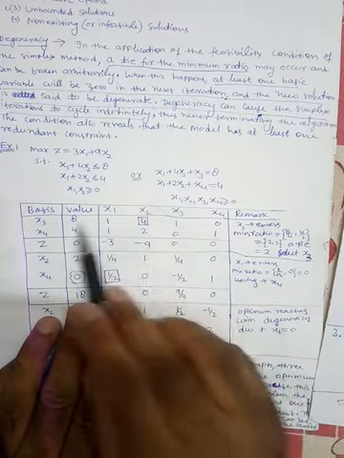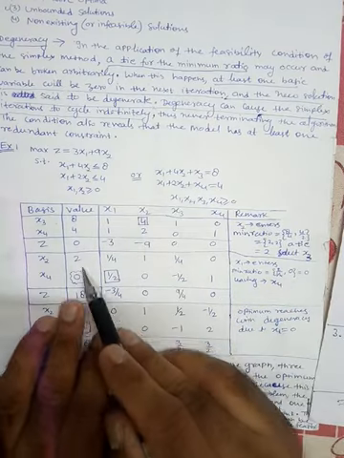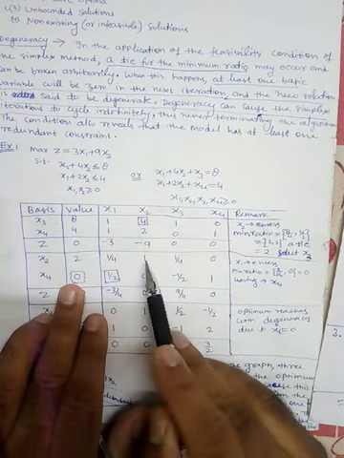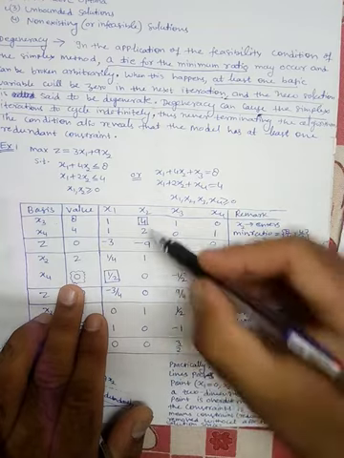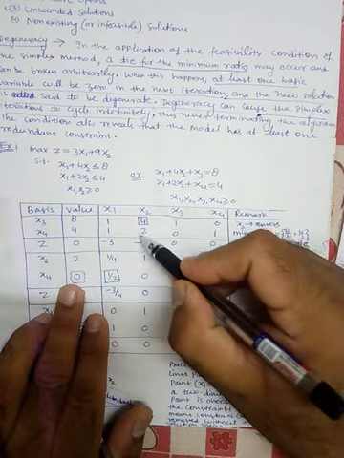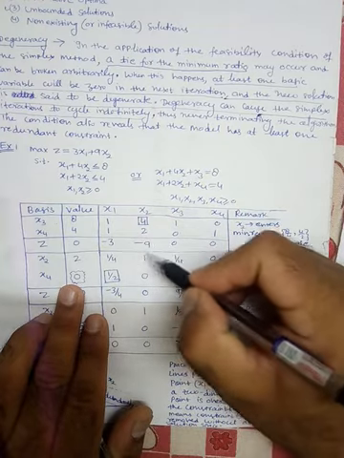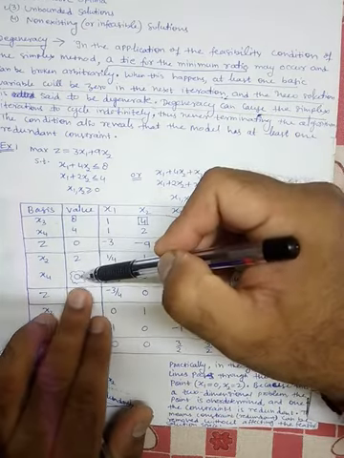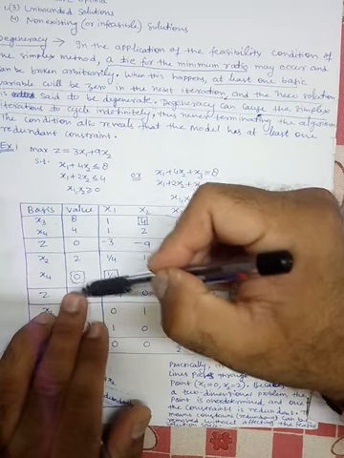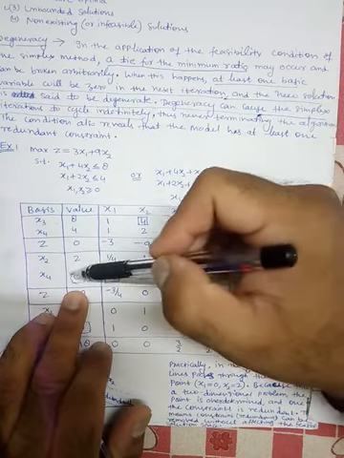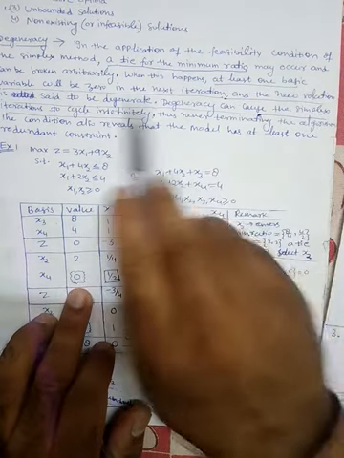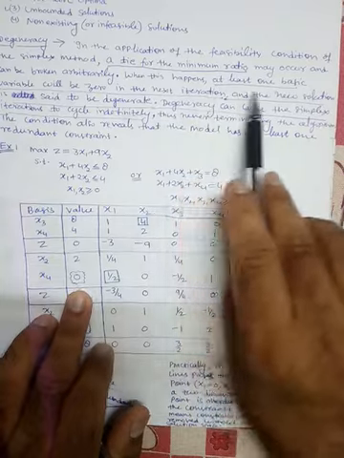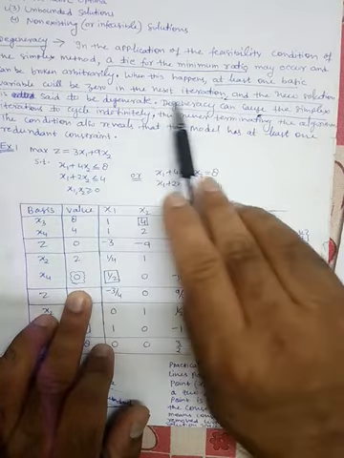When you divide this first row by 4, you get 2, 1/4, 1/4 and 0. When you convert this 2 to 0 with the help of this row, you get 2 minus 2, and hence we get 0 here. So this is the meaning: when this happens, at least one basic variable will be 0 in the next iteration.